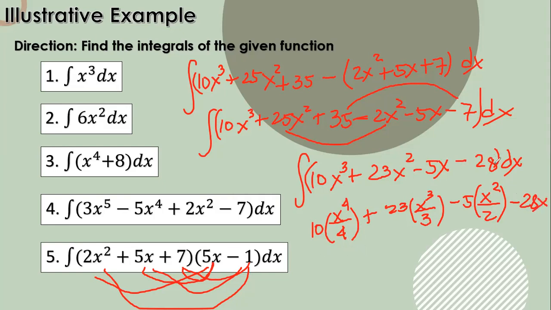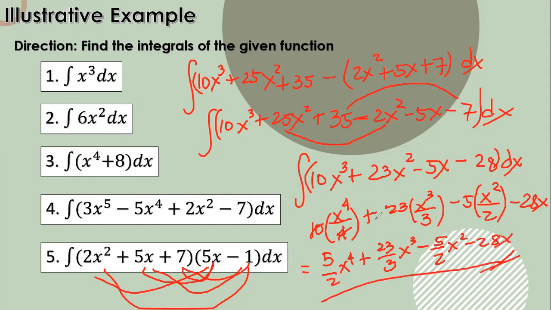The 28 is distributed with dx, so it keeps its dx. Now find the simplest form of our answer. We have 5 over 2 x to the fourth plus 23 over 3 x cubed minus 5 over 2 x squared minus 28x. And that will be our final answer for number 5.